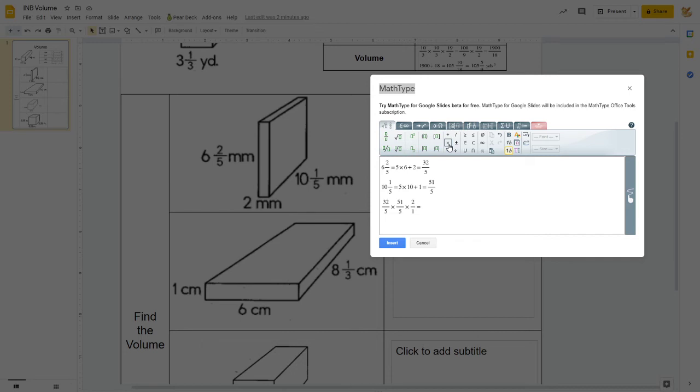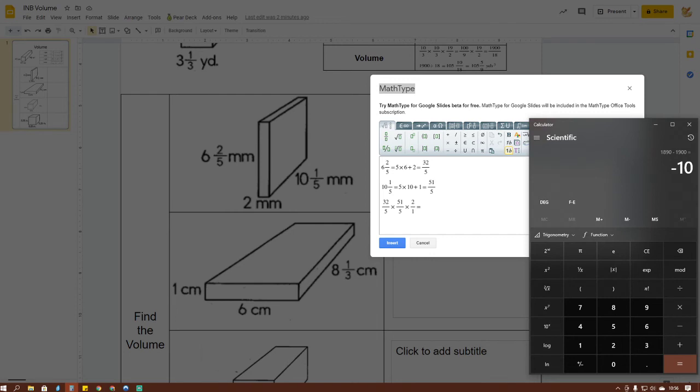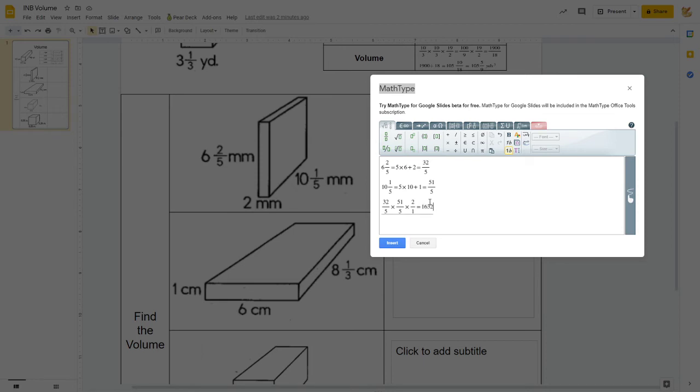Those are some big numbers. So I'm going to pull up my calculator. 32 times 51. That equals 1,632. And 5 times 5 is 25.